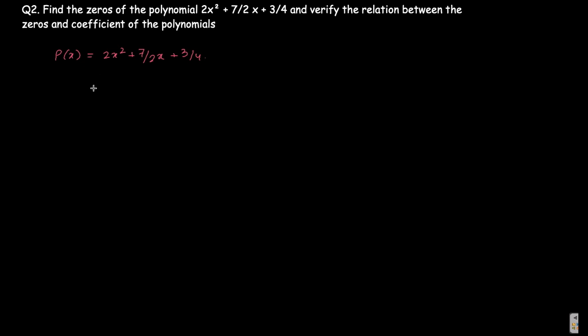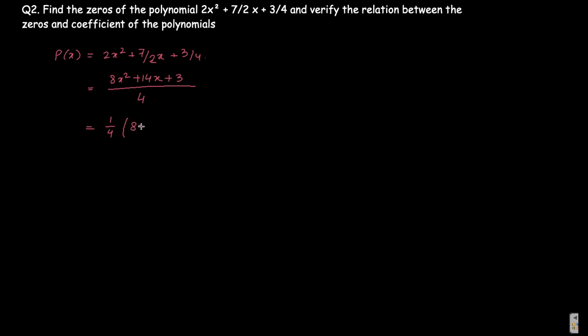Now we are going to factorize this. Just simply add it. The denominator is 4, so it is (8x² + 14x + 3)/4. Now take out 1/4.